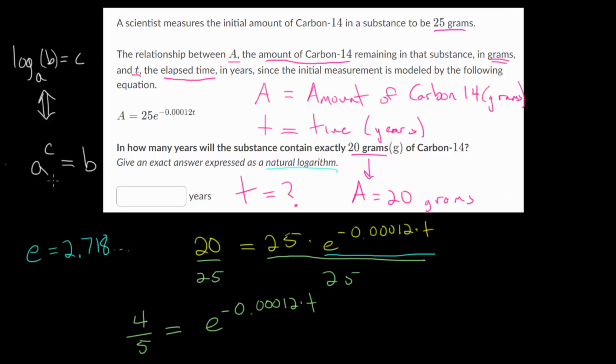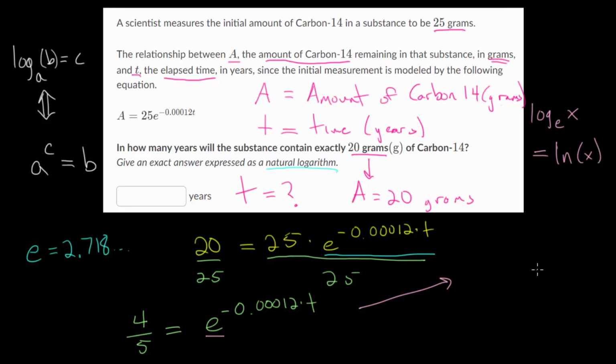In our case, we're given the exponential equation and we need to rewrite it as a logarithm. The base of the logarithm will be the same as the base for the exponential equation, which is base e. We could write it as log base e of whatever our input is, but remember that a logarithm with base e, we just rewrite as the natural logarithm.